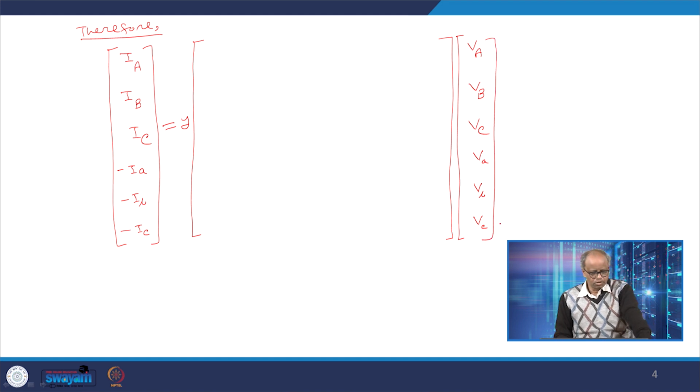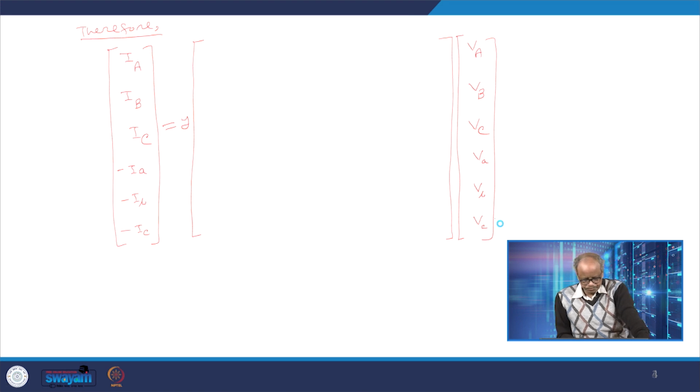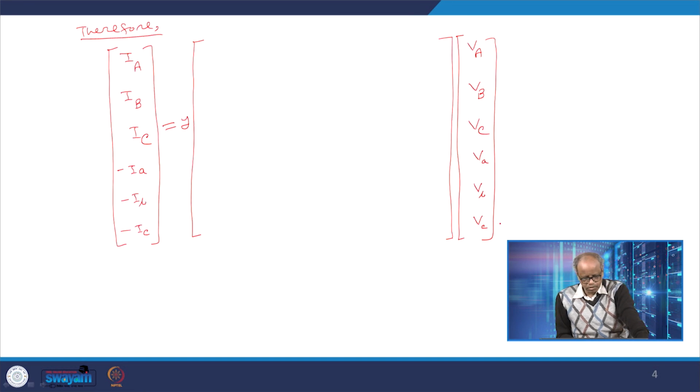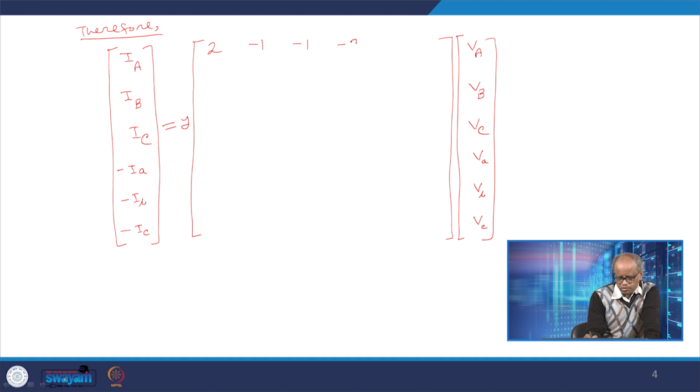Now, equation of IA: 2 minus 1 minus 1, minus 2 1 1.